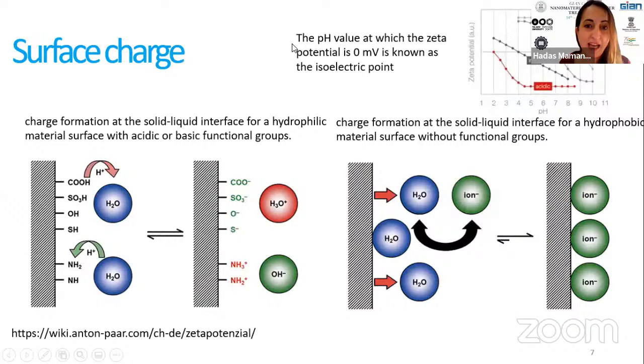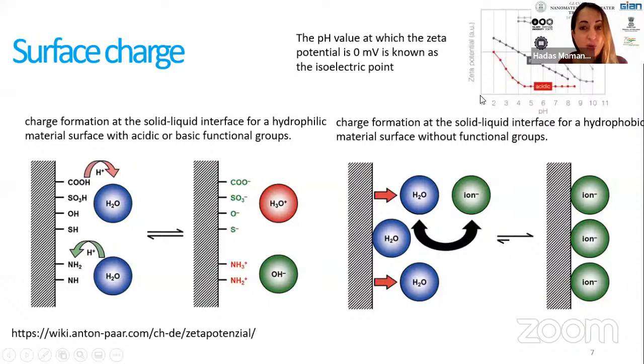And when we look at charge formation, we can have a charge formation at the solid-liquid interface for a hydrophilic material surface with acidic or basic functional groups. Another formation of surface charge could be due to a hydrophobic material surface without even functional groups, so we can have hydrophobic interactions.